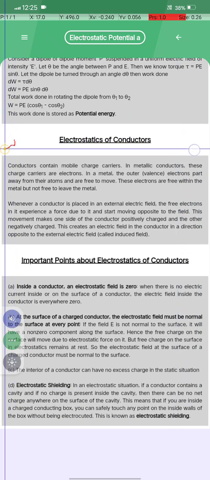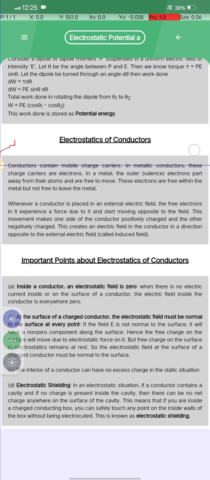Now let us see what an electrostatic conductor is. The conductor contains mobile charge carriers. In metallic conductors, these charge carriers are the electrons. The outer valence electrons part away from their atoms and are free to move. These electrons are free within the metal but not free to leave the metal.